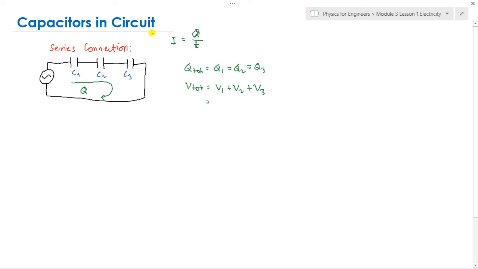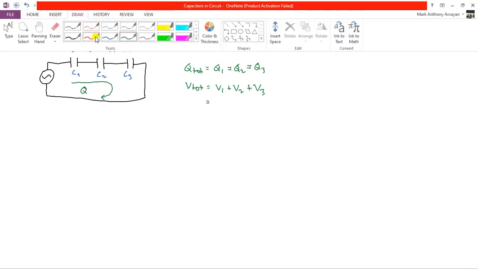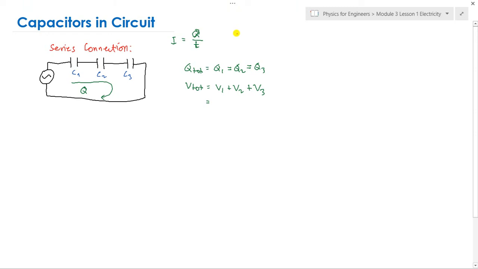But according to the equation for a capacitor, we all know that Q equals CV, therefore the voltage equals Q over C. So we substitute that here: V1 is Q1 over capacitor 1 plus Q2 over C2 plus Q3 over C3, and the V total is just equal to the total charge over, of course, the total capacitance.